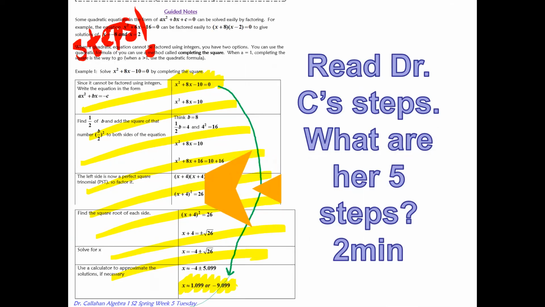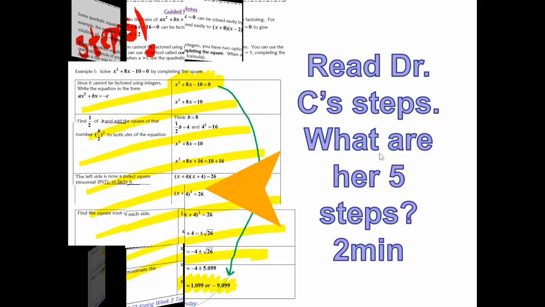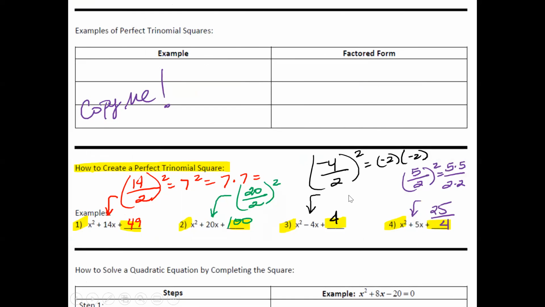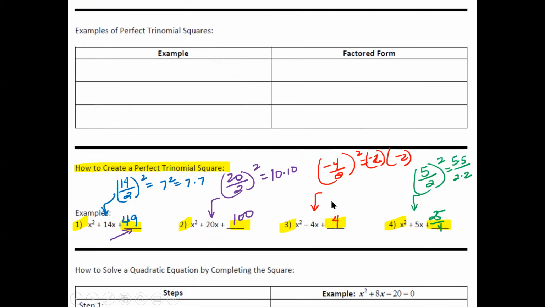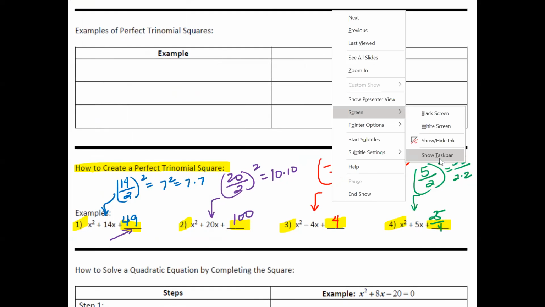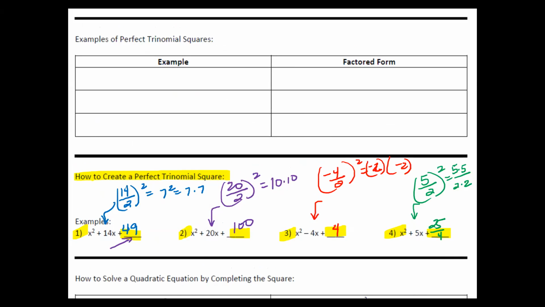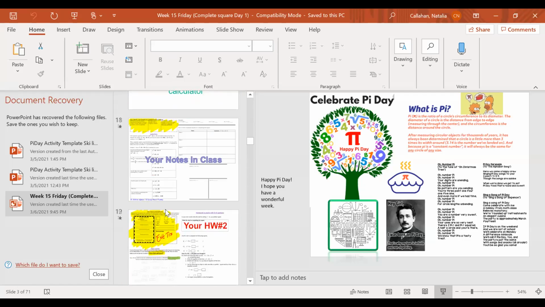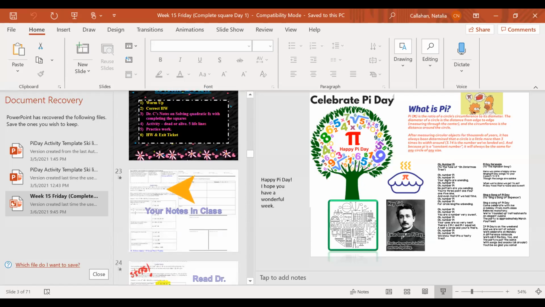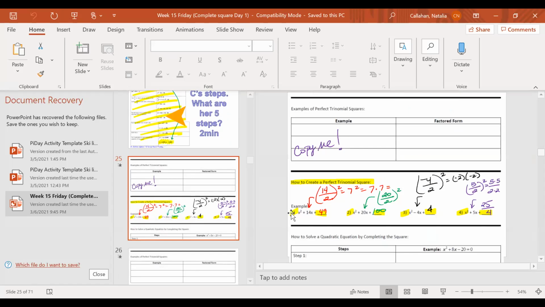So pause the video and do that. Next, we're going to go ahead and create the perfect square. So take a look at how the answer comes about and see if you're able to do it yourself.